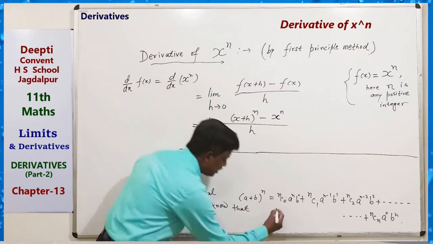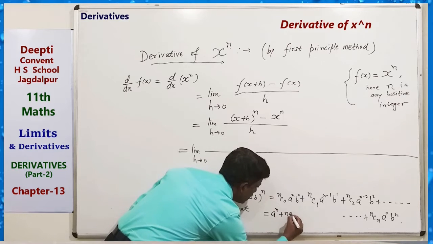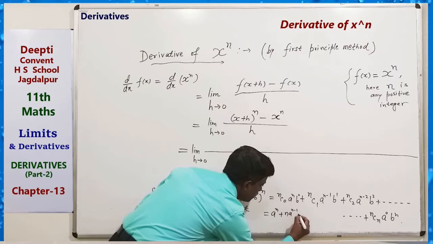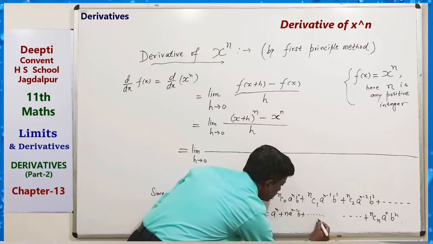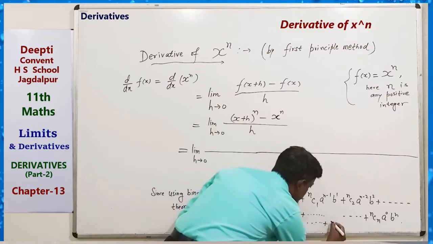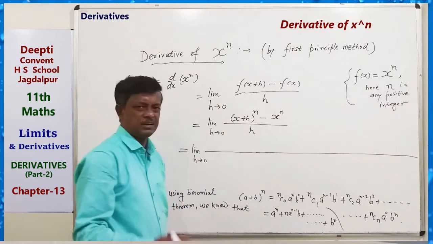So it can be written also like this: a to the power n plus n a power n minus 1 b plus and so on. The last term nCn equals also 1, so the last term is b power n. So this is the formula. Just write in this form.